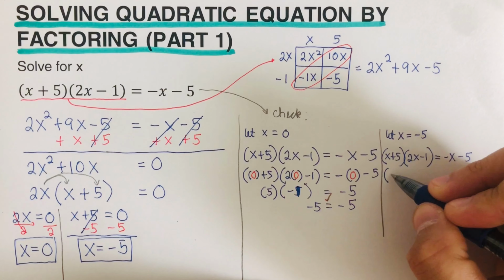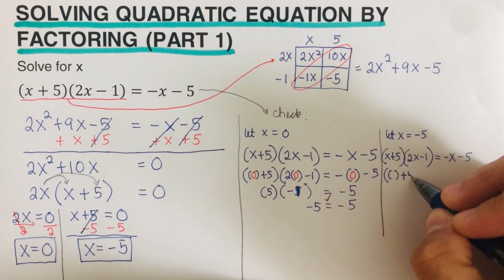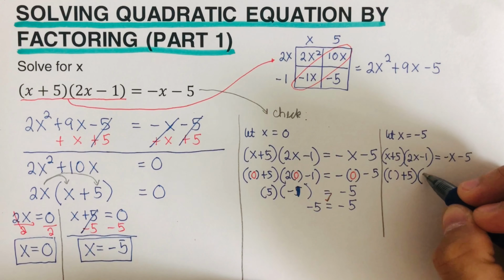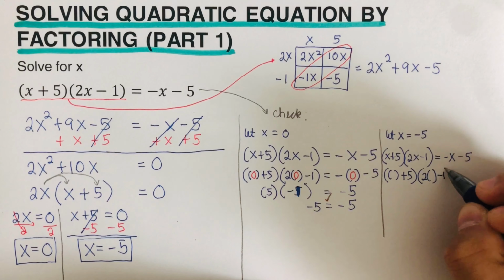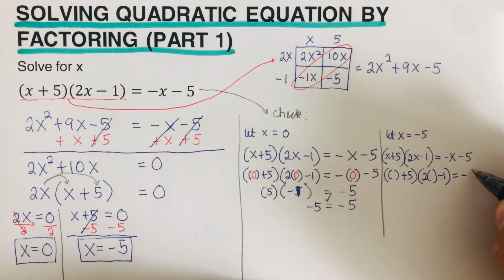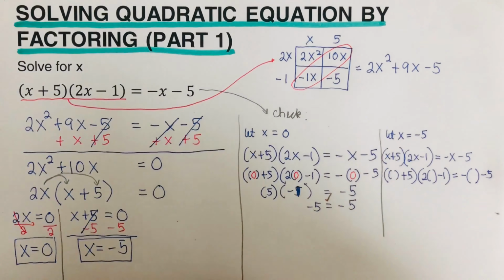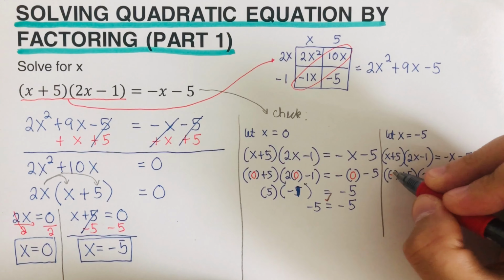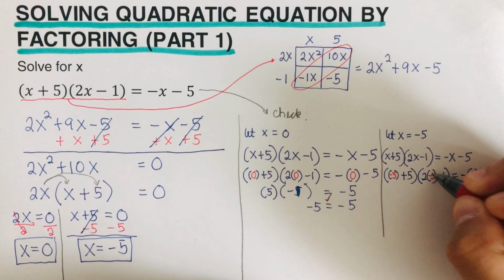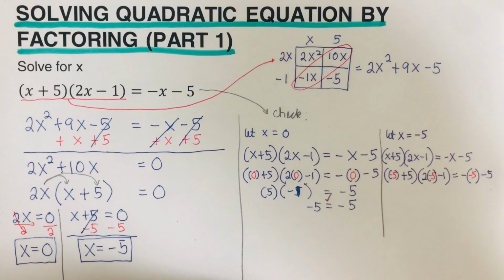So that would come out parentheses plus 5, and then we have 2 parentheses minus 1 equals negative parentheses minus 5. So then inside the parentheses would be the negative 5. So that's a negative 5 right here. This is a negative 5. This is a negative 5.